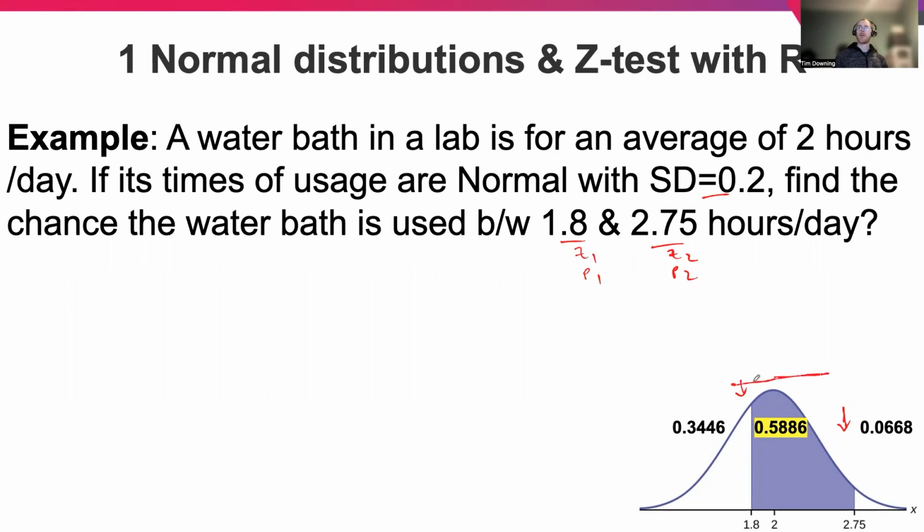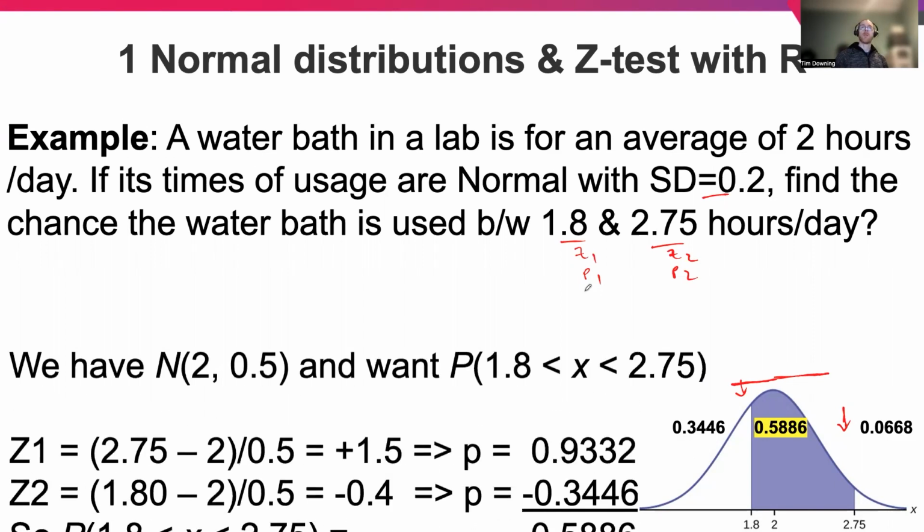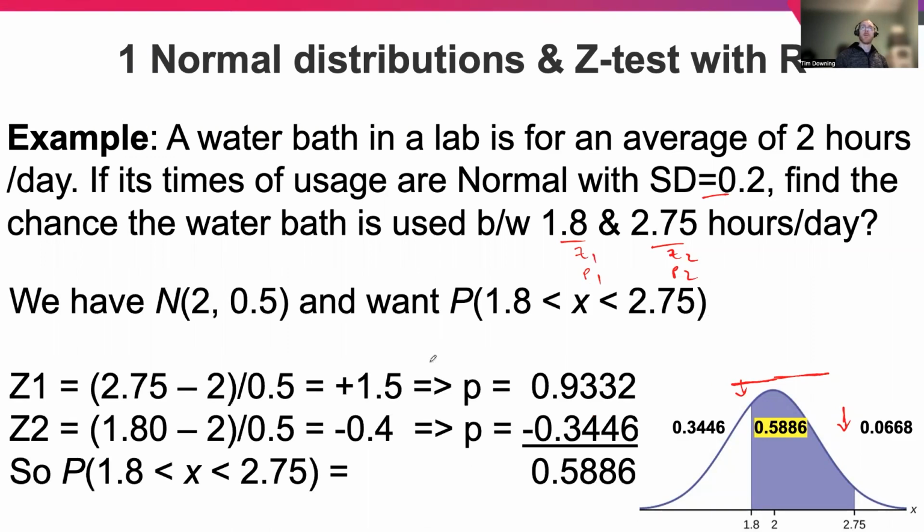So slightly different here. This p-value will correspond to the white area initially. So what we want is to get the difference between these p-values in essence. So if we do our first calculation, we'll get 1.8 minus 2 over 0.2, which will be minus 1.